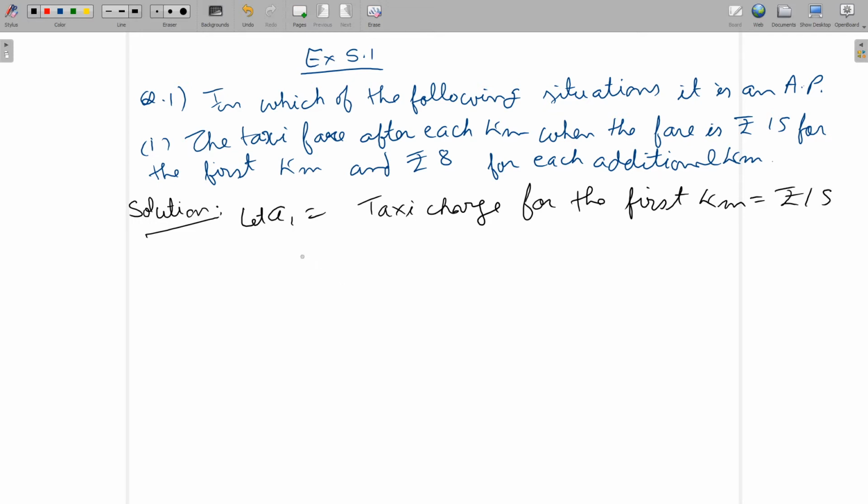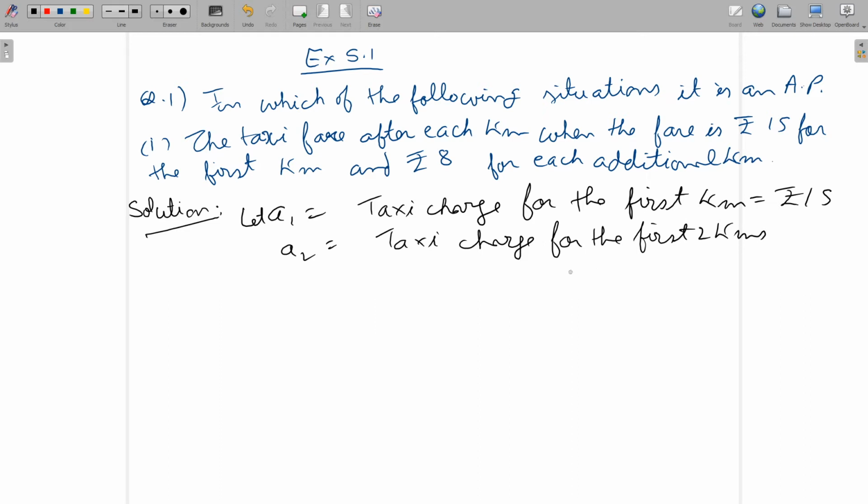And after that, for every kilometer 8 rupees is added, so A2 will be equal to the taxi charge for the first 2 kilometers.